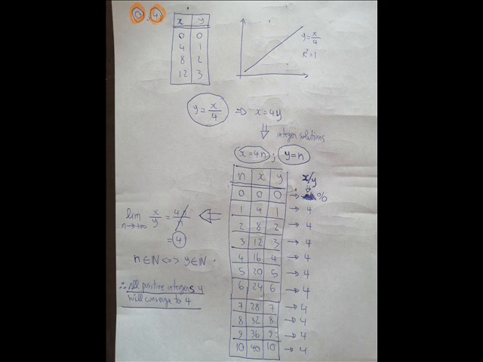So n belongs to the natural numbers, y belongs to the natural numbers. We will end up with every natural number. Every natural number will converge to 4. So all positive integers y will converge to 4.